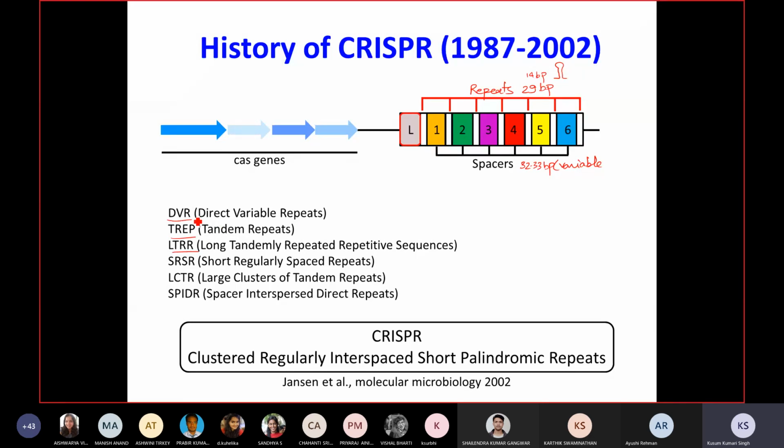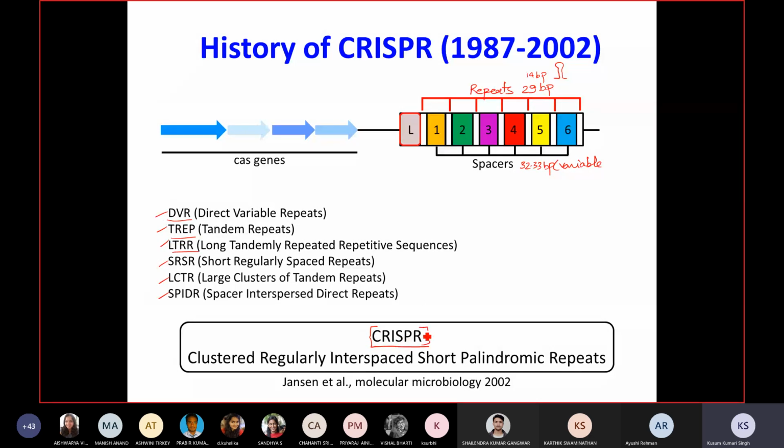So independently, many groups found and provided all these names, and all of the repeats were found. Basically, the list was confined, and only in 2002 the name CRISPR was coined. Although the name is written like this, in pronunciation people call it the CRISPR system.